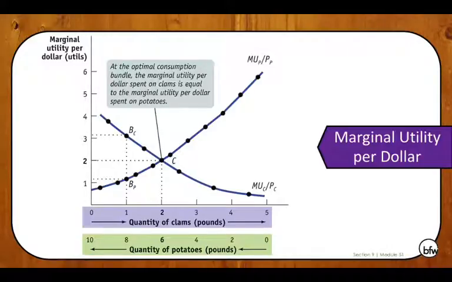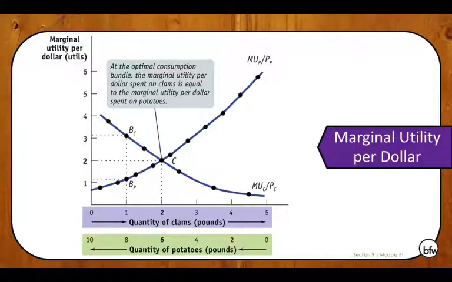And so if they are not equal to each other, you have to increase your consumption of the good that gives you more happy points and decrease your consumption of the good that gives you fewer happy points. Because as you do that, the law of diminishing marginal return says that the one that's giving you more happy points will decrease as you consume more of it, and the other one will increase as you consume less of it until the ratios are equal.